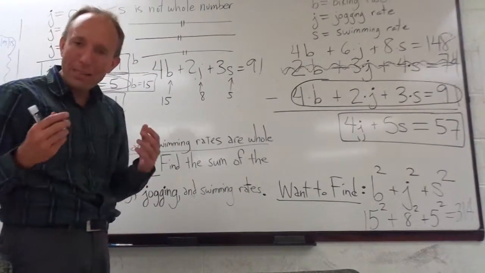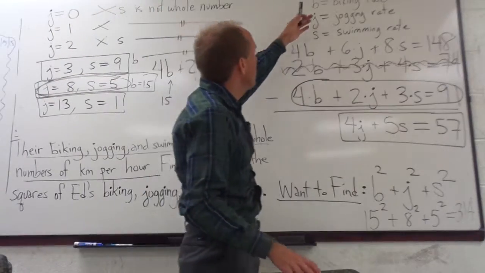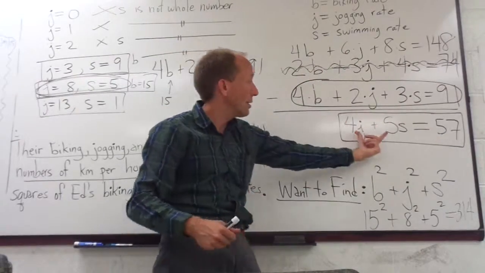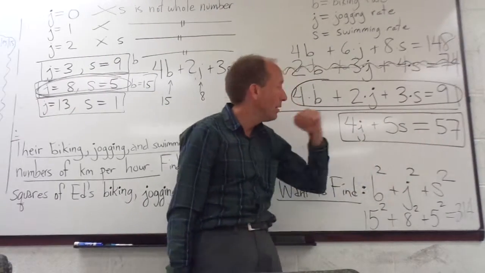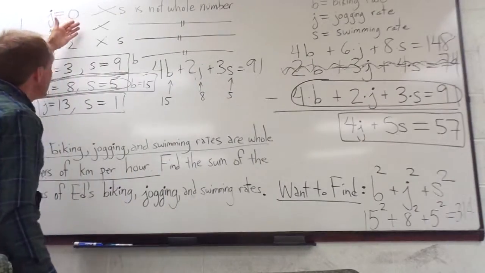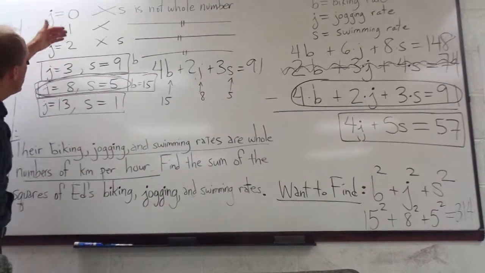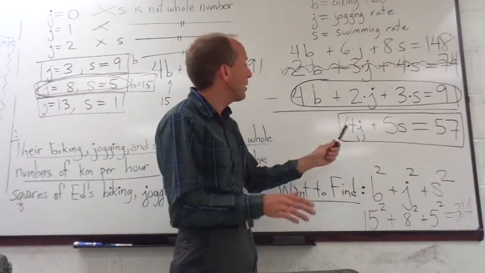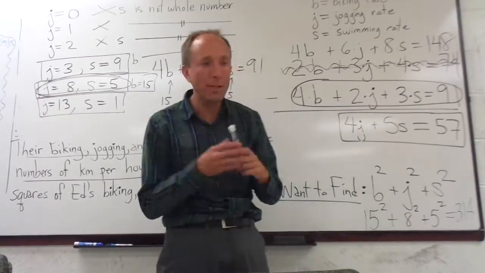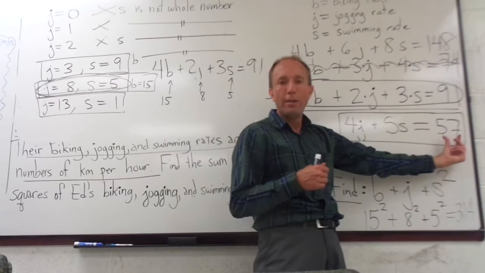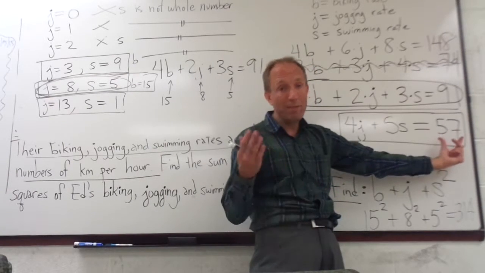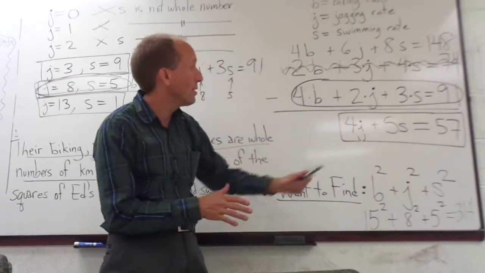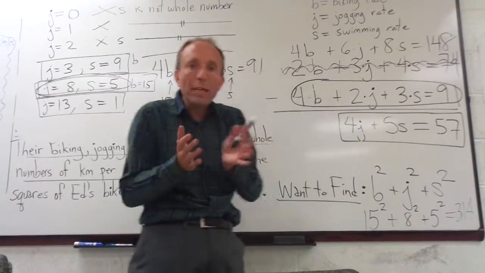Then we had to devise a plan, and that involved setting up notation, equations, and this idea of subtracting equations to get a simpler one. And then we just had to make a list. We know this is not a really long problem because j and s have to be positive, and everything is relatively small. 57 isn't that big, so the number of choices for j and s that will work is pretty limited.